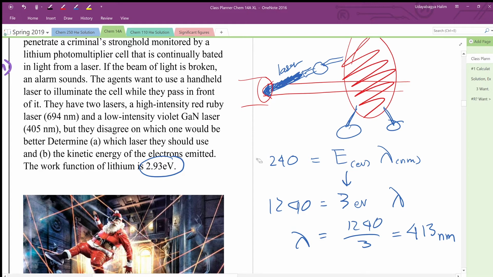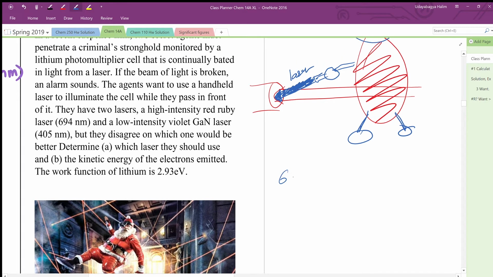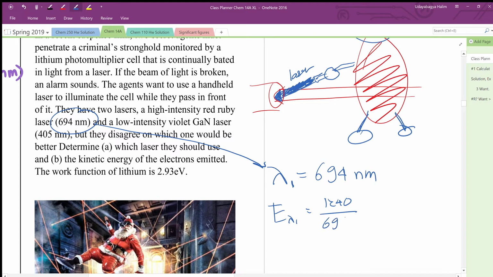So in this particular case, the question is, which of your lasers is going to have sufficient energy to go beyond the threshold? If the wavelength of your laser is 694 nanometers, then the energy of this particular wavelength is 1240 divided by 694.